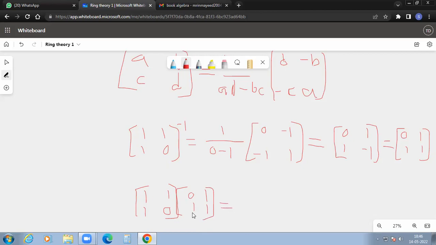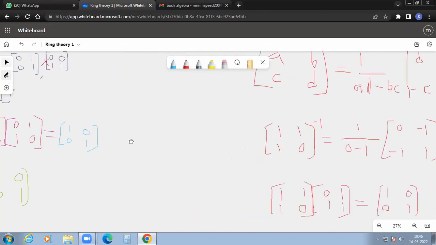So this will be 1 in the first place. What next? 1 plus 1, 2 meaning 0. This is 1, 0, 0, yes it is 0. And what next? 1 plus 0 is 1. That's fine. It is invertible. Its inverse is 0, 1, 1, 1.